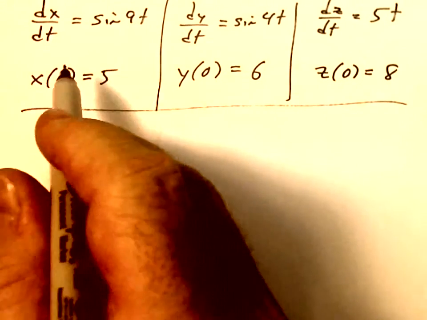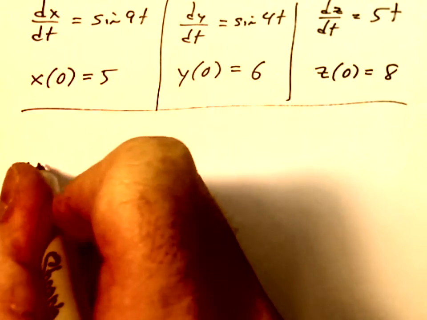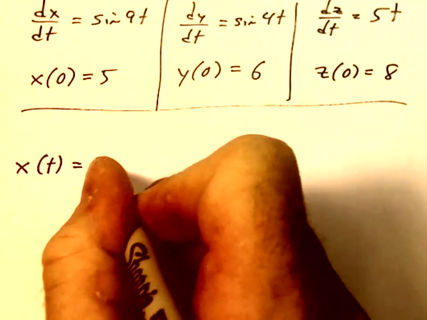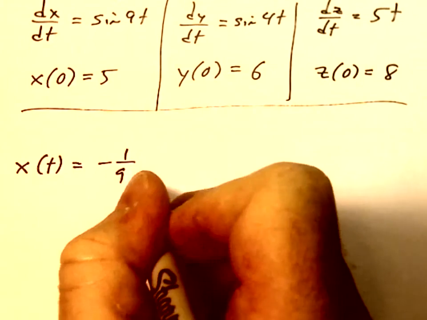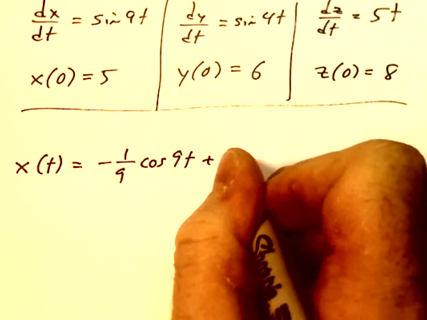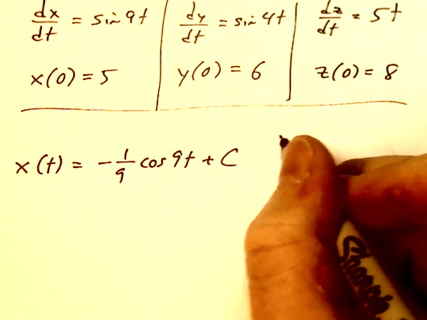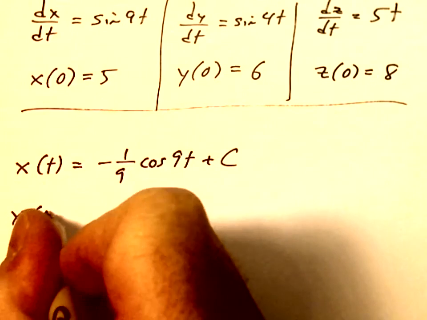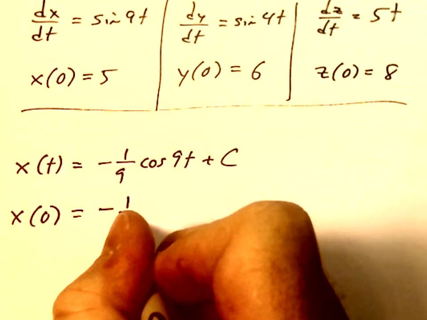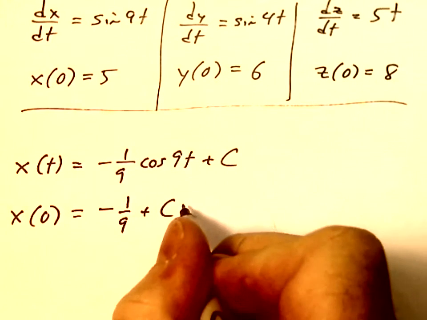So for this first one, if I integrate sine of 9t, I'm going to have x of t be negative 1/9 cosine of 9t plus c. But x of 0 equals 5. So my x of 0 here is negative 1/9 plus c, because cosine of 0 is 1.